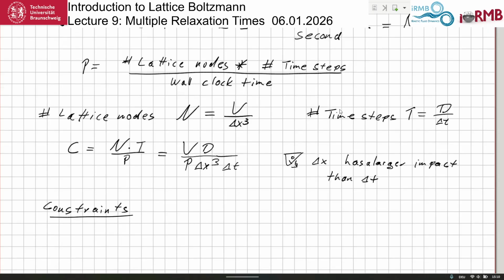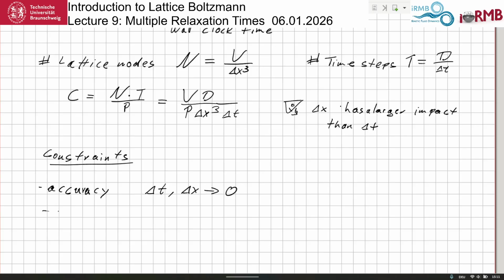Then, of course, there are constraints to your problem. You cannot just choose any grid spacing. You want to have a certain accuracy, or at least accuracy. So this means that you want to do the simulation in the limit of these things going to zero, which is of course bad news for cost.